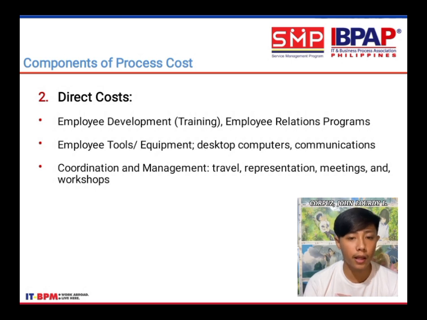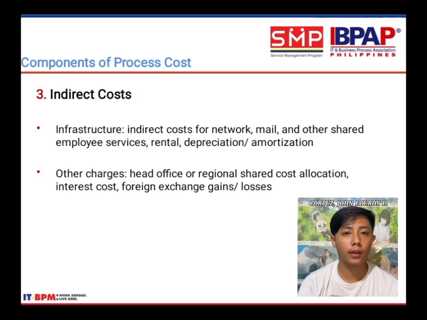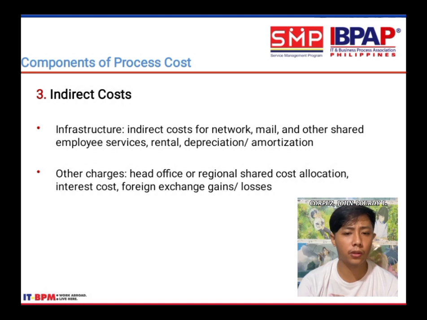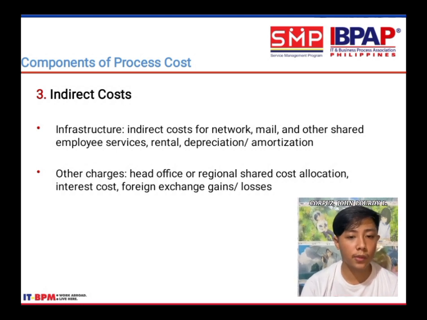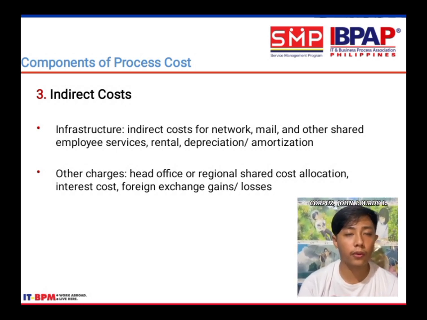Direct cost is the money a company spends on a thing directly linked to making a specific product or providing a particular service. Indirect costs encompass a wide range of expenditures, including rent, utilities, office supplies, and administrative salaries. These costs do not tie directly to a single product or service but contribute to the overall operations of an organization.